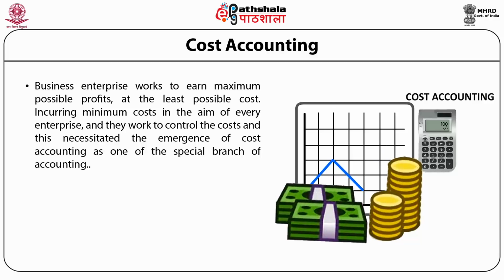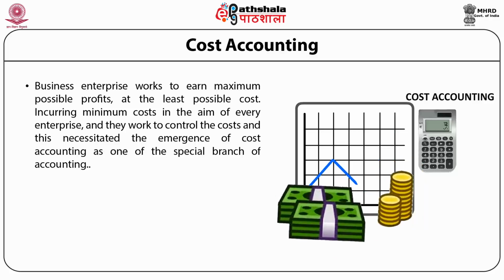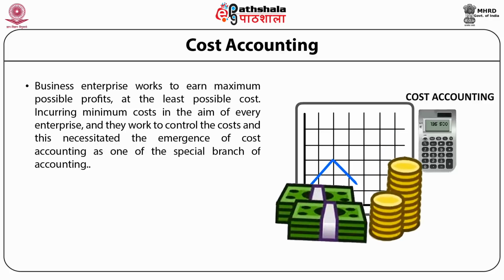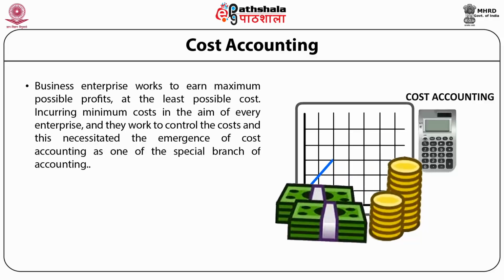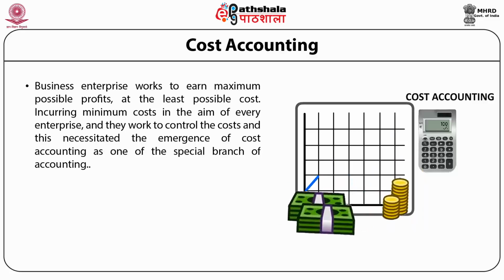Incurring minimum cost is the aim of every enterprise, and they work to control the costs, and this necessitated the emergence of cost accounting as one of the special branches of accounting.